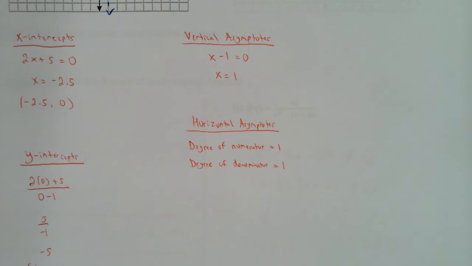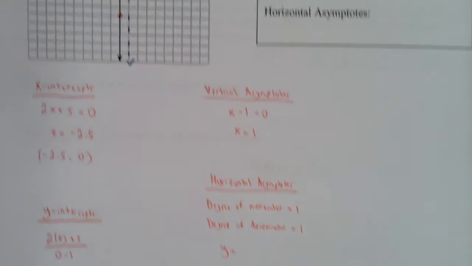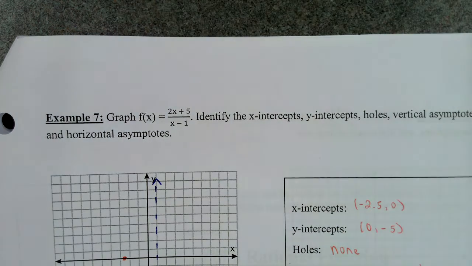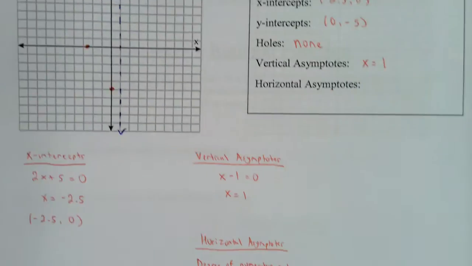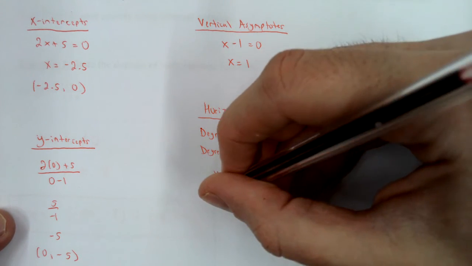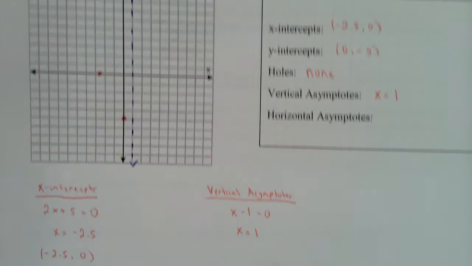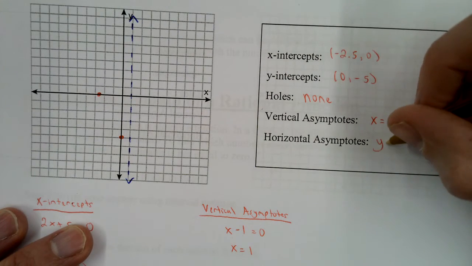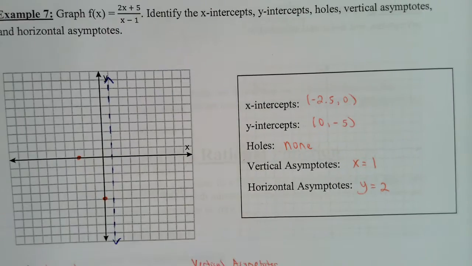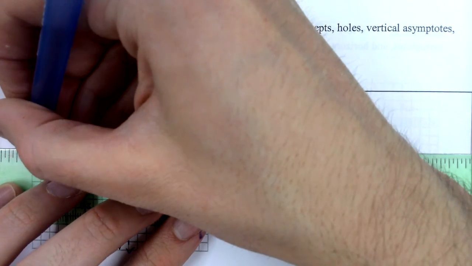So it means the horizontal asymptote is y equals the leading coefficient of the numerator, which is 2, divided by the leading coefficient of the denominator, which is 1, because it's 1x. Y equals 2 over 1, which is y equals 2. Let's do a horizontal line at y equals 2, dashed. That way you know the graph never intersects there.